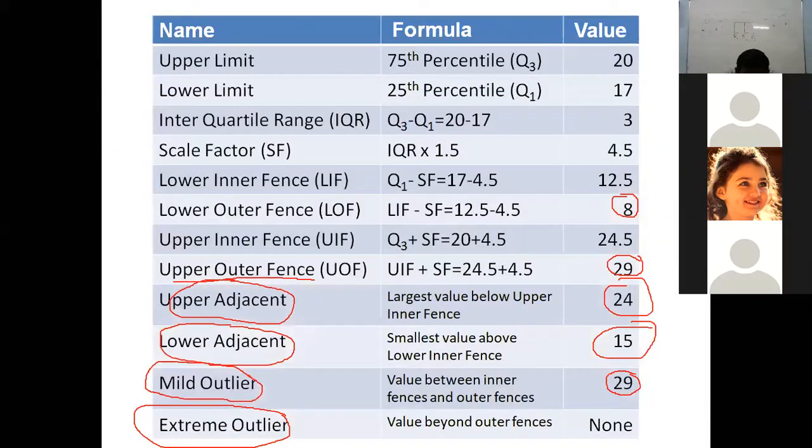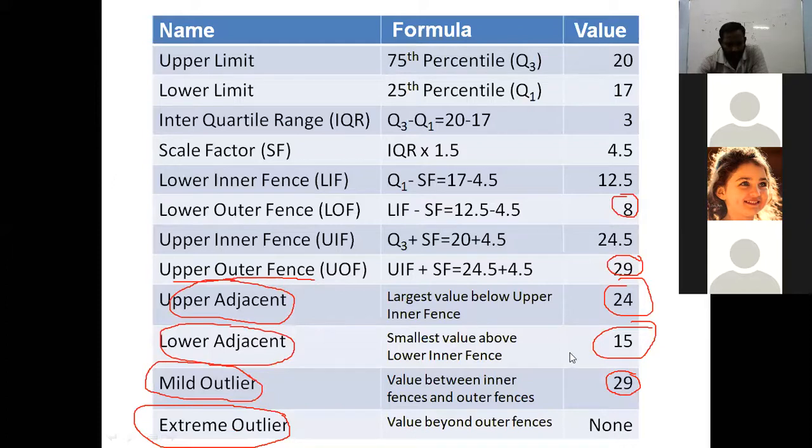So that is the margin. Our lower outer fence is 8 and the upper outer fence is 29. So we don't get any value below 8 and above 29. So we don't have an extreme outlier.